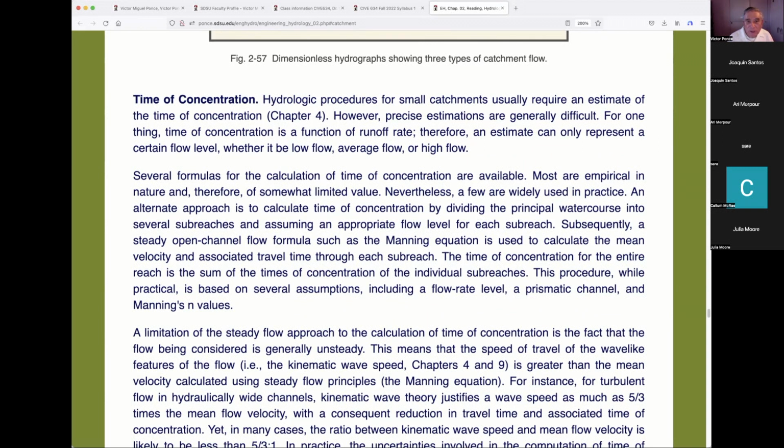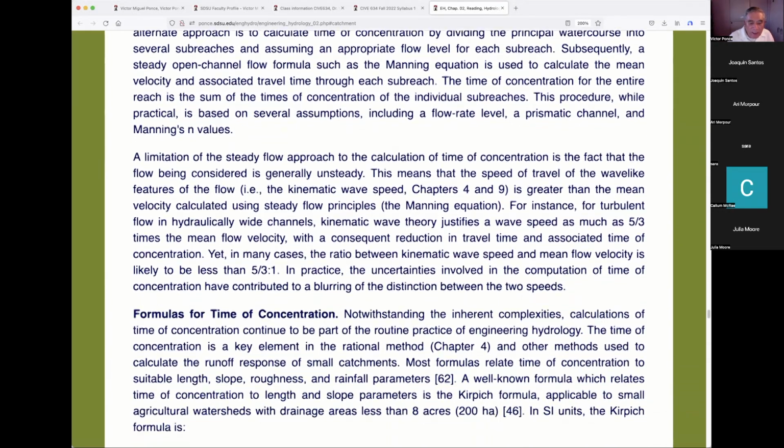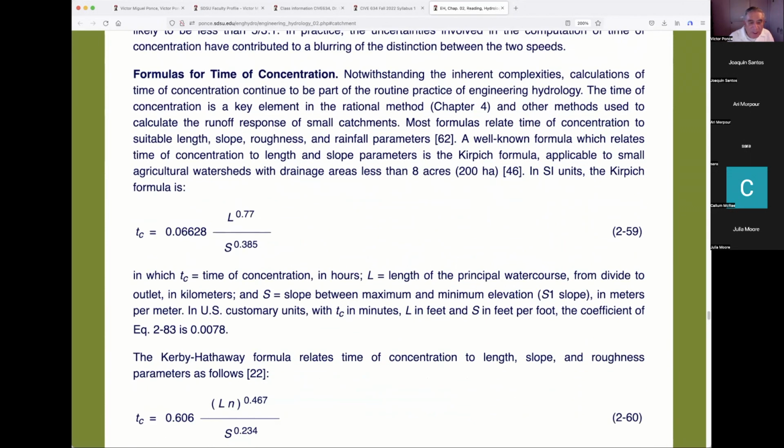And it is used in urban drainage design. So in hydrology we always need to calculate the time of concentration. Unfortunately, there are various formulas and they all differ. To my knowledge, there is no coincidence between the various formulas for time of concentration. Why is that? Because the formulas are different.